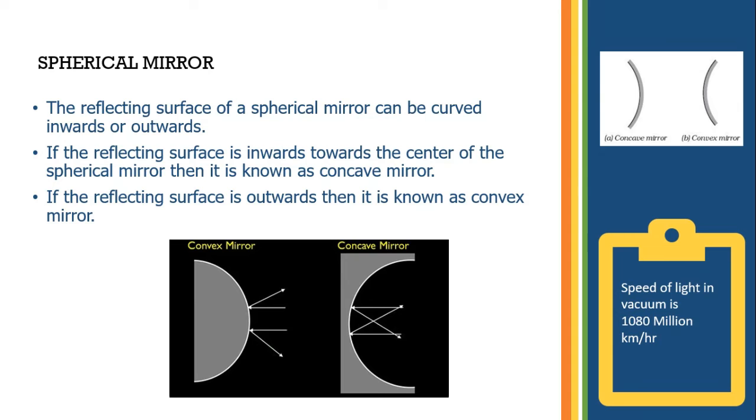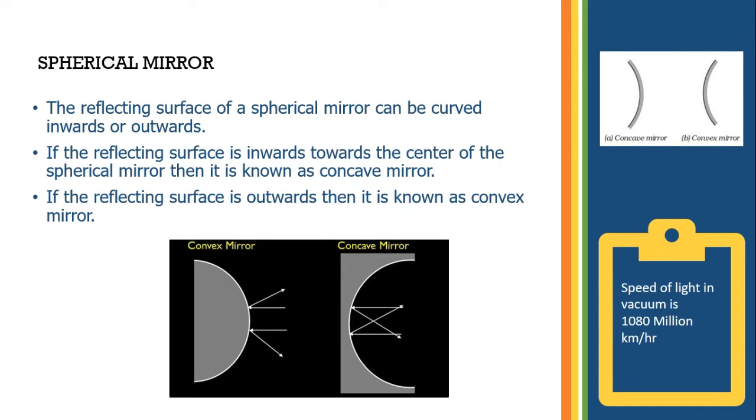As I discussed in the previous slide, a spherical mirror can have its reflecting surface either inwards or outwards. We have seen that in the spoon. When you see the back side of a spoon, the reflecting surface is outwards. And when you see the front side of a spoon, the reflecting surface is inwards.